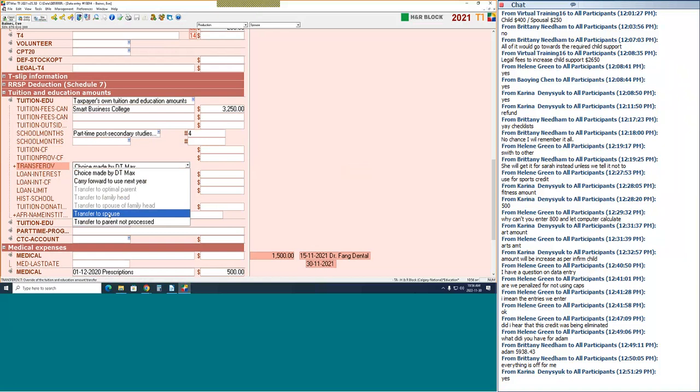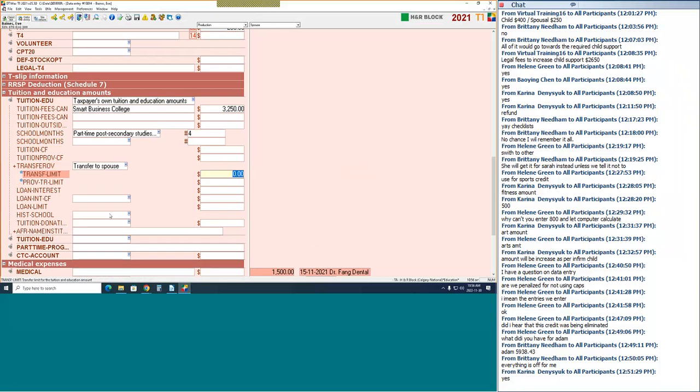So if you want to transfer to a spouse, you can say, I want to transfer 1,000 of the federal and 1,000 of the provincial to my spouse, and then I want to keep the rest for myself. Or I could transfer more. I could say, I want to do 1,500, but I only want to do 500 provincially. Whatever you want it to be, up to the maximum you can do.